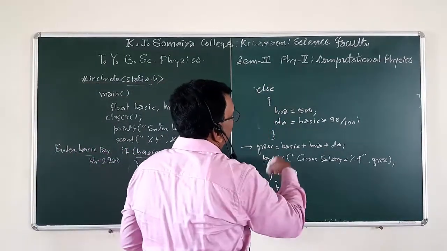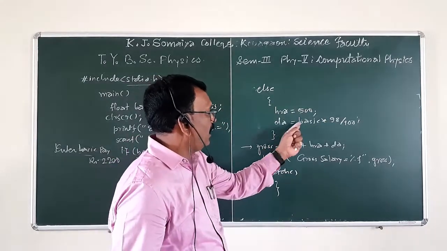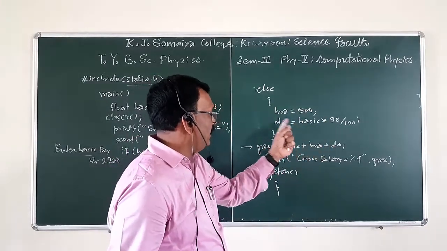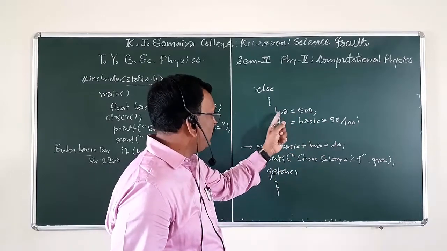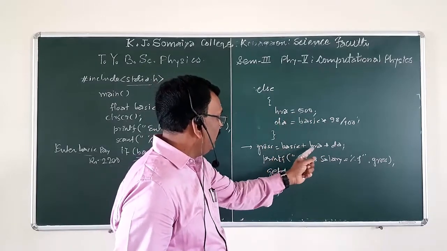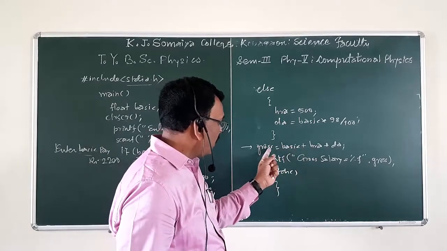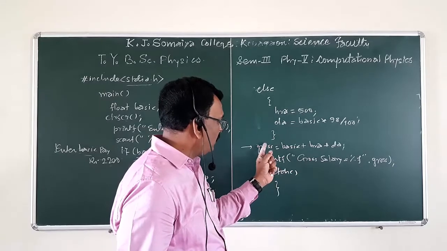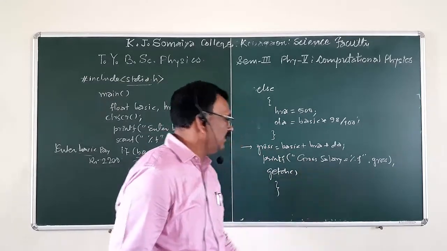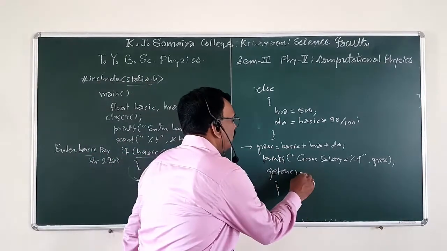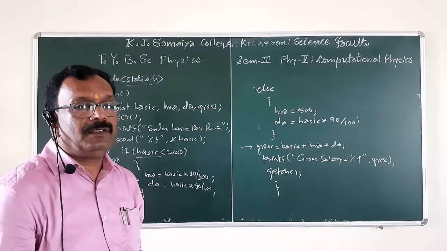HRA of 500 is added in the gross, and 98% of the basic, that is 2200, is calculated by this formula, and this HRA and DA are added to basic, and with the help of this gross formula, the gross is calculated, and that gross is displayed on the screen by this statement, okay, and we get the desired output in this way.